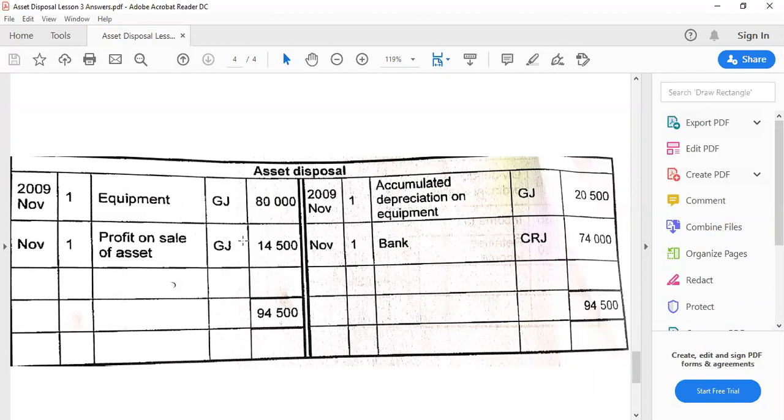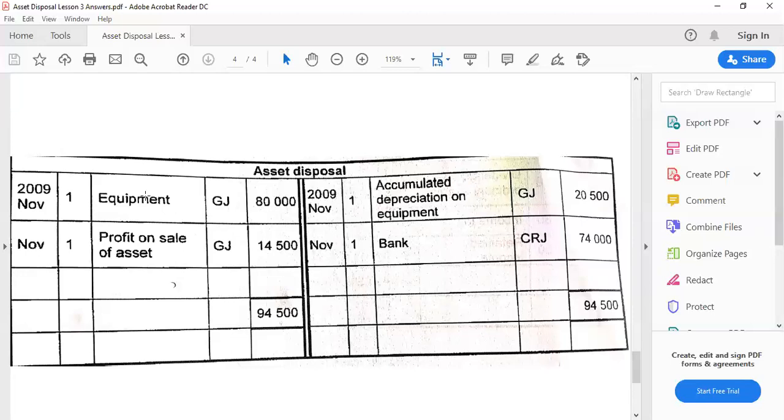If you look at this account without the profit on sale of asset being there, the credit side is greater. 20,500 plus 74,000 Rand is 94,500, whereas the 80,000 Rand is less than the 94,500.